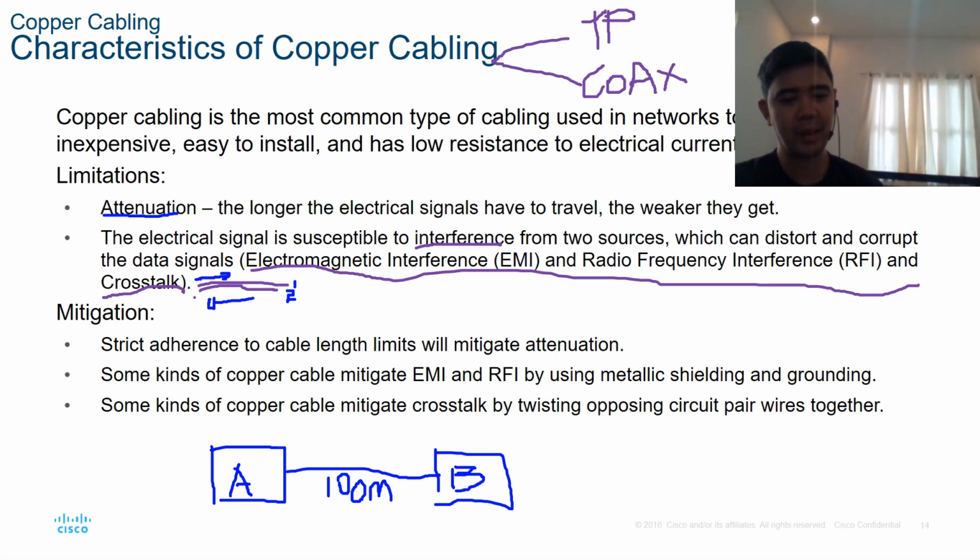To resolve issues with crosstalk, like with twisted pair, the main reason those wires are twisted is to reduce crosstalk.